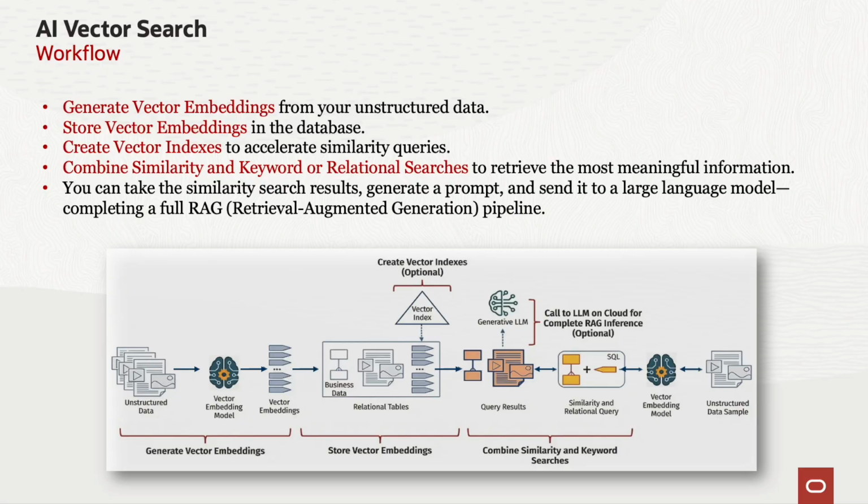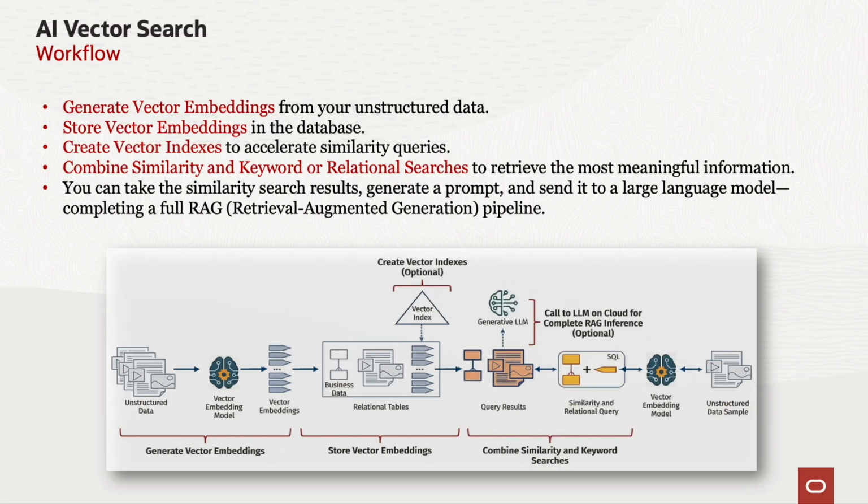In this demo, we'll walk through how to load an AI/ML model in ONNX format into Oracle AI Database 26AI and use it to generate vector embeddings from unstructured data. We'll create a table with a vector data type, then insert and update records to store the generated embeddings directly in the database.